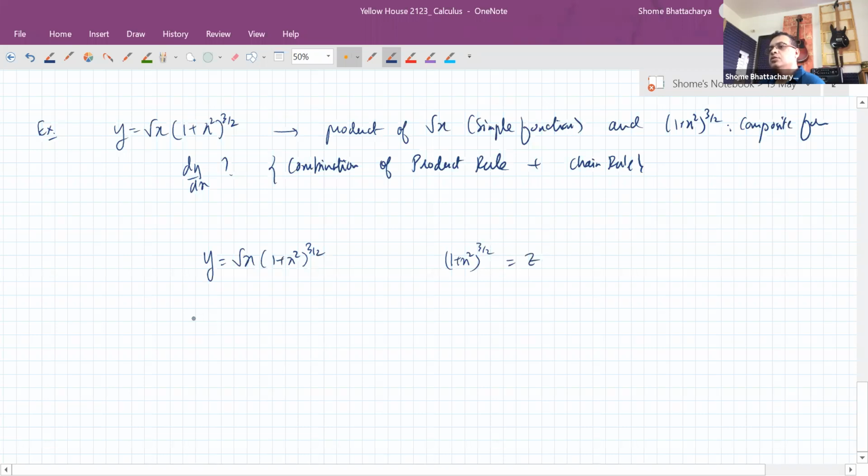So this will become differentiation of the first function multiplied by the second function, plus the first function multiplied with differentiation of the second function. So here we'll substitute this as z.